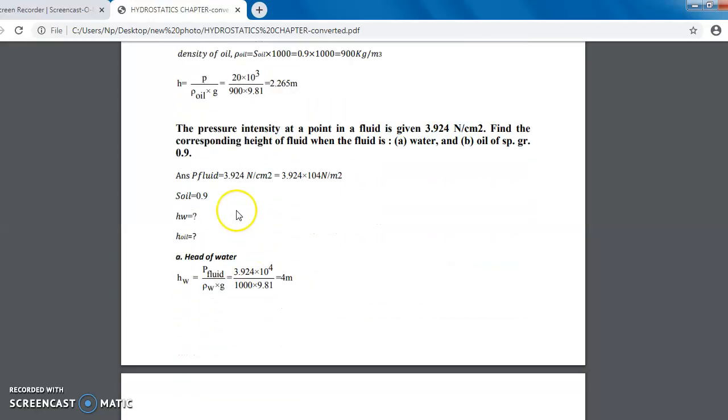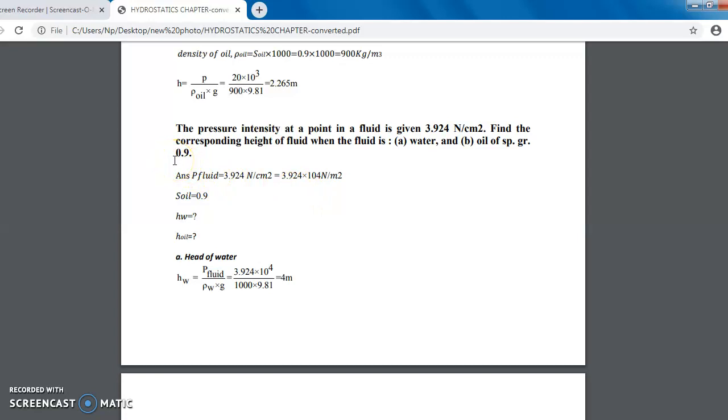Next problem. The pressure intensity at a point in a fluid is given as 3.924 Newton per centimeter square. Find the corresponding height of the fluid when the fluid is water, and second, when it is oil of specific gravity 0.9.